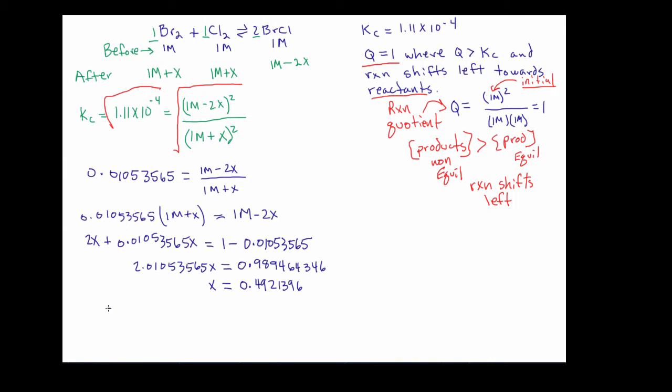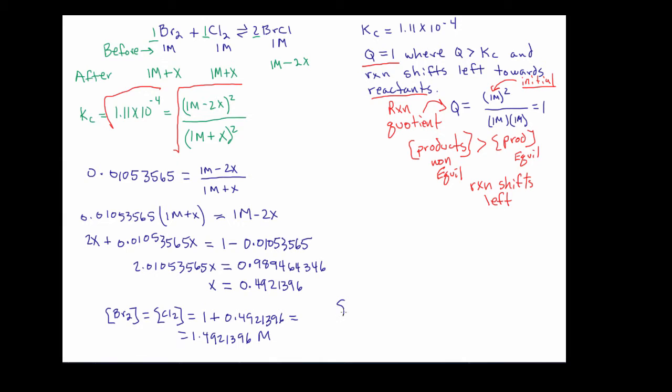So the Br2 and the Cl2, which are equal, are going to equal 1 plus 0.4921396, and so these guys both equal 1.49 and change. That's the molarity of these.